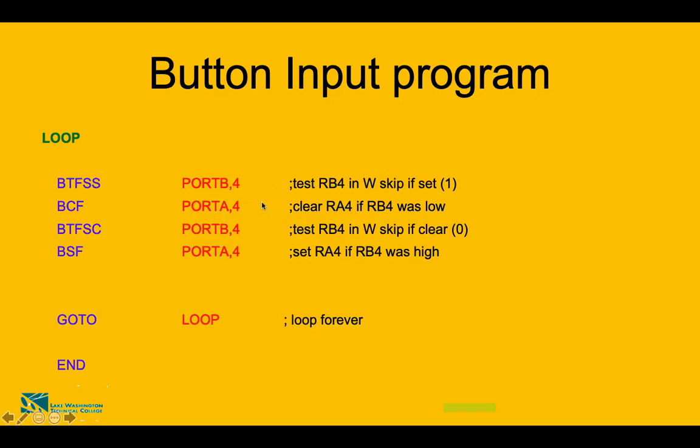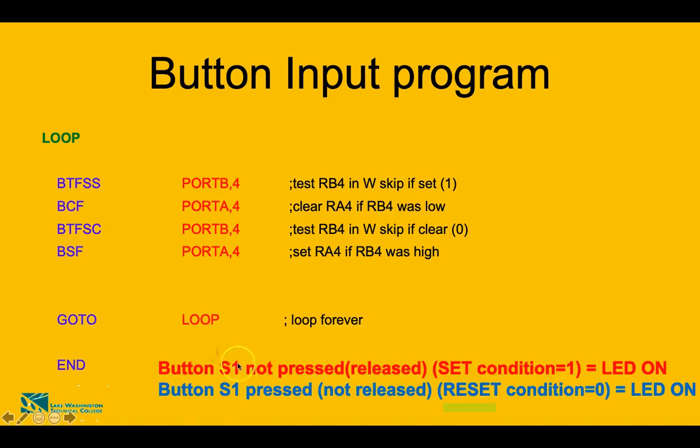Now if you have any confusion here, then remember this thing. When button S1 is not pressed, which means it is released, then at that time the condition is 1. Because you remember, initially we have already set the input RB4 as 1. So that is the set condition equal to 1.